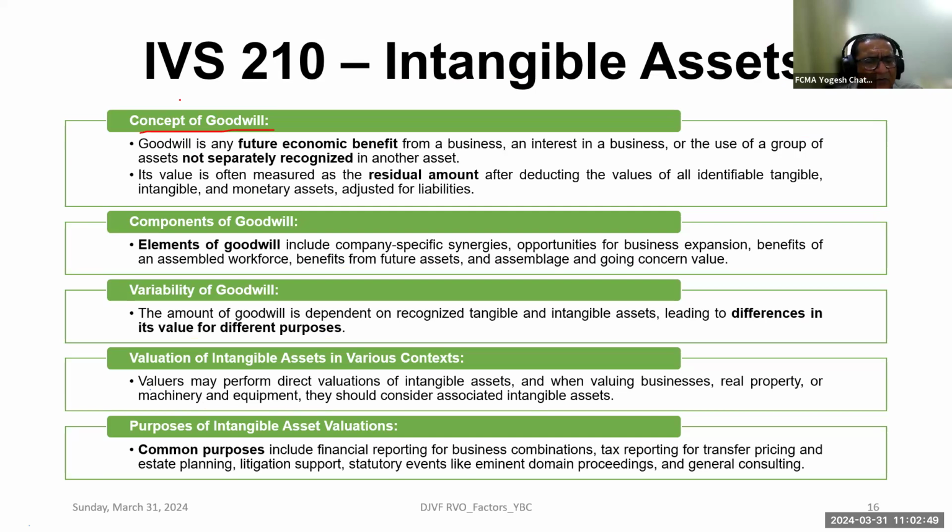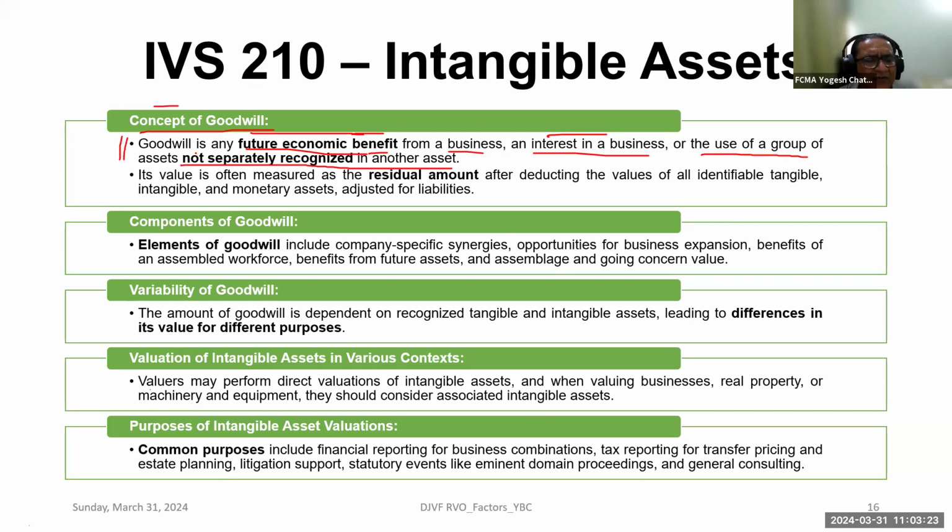Now, the concept of goodwill, which we discussed. That is what is highlighted here. Goodwill is a future economic benefit. At the time of discussion on business valuation standard IVS 200, we discussed future economic benefit from a business and interest in a business, like equity. That is one example of interest in a business, or the use of a group of assets not separately recognized in another asset.